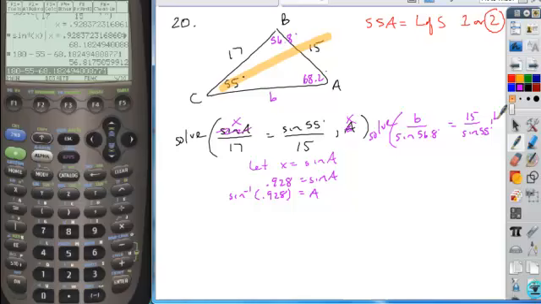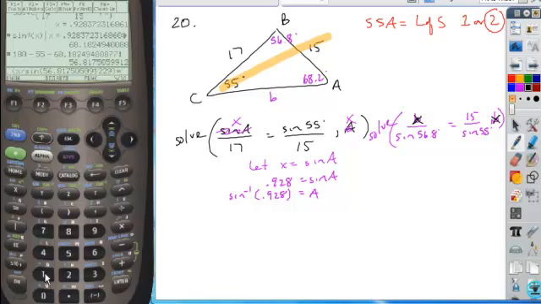Do the same thing, we're going to solve. This time, again, x is just going to be used to make it easier to type in, but it's designated for a side, so it's going to give me the answer. I don't have to use any kind of substitution. So I'll hit F2, the algebra tab, choose solve, type my equation, x divided by the sine of the angle that we just found.